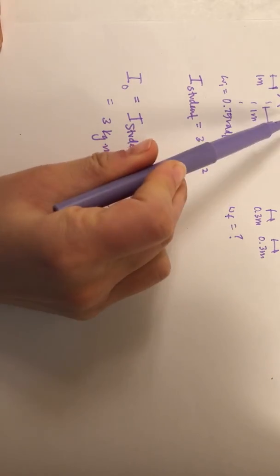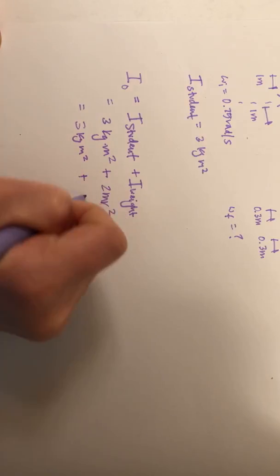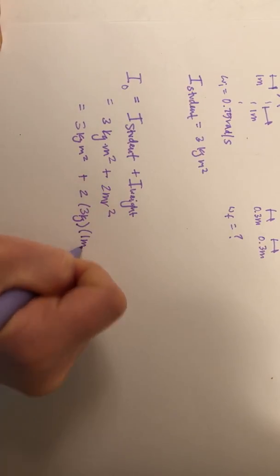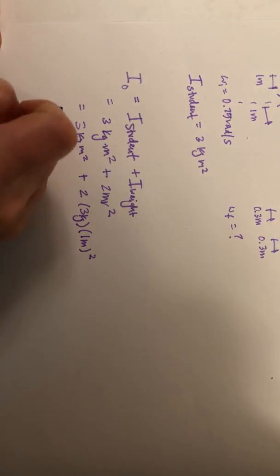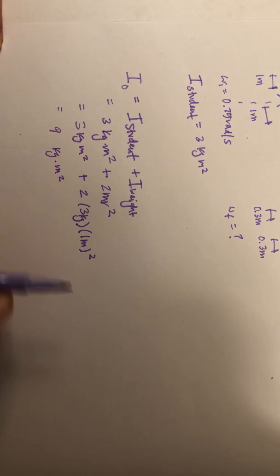We can treat these as point masses. So 3 kilogram meters squared plus 2, they're each 3 kilograms, and they're 1 meter away from the axis of rotation. That comes out to 9 kilogram meters squared.